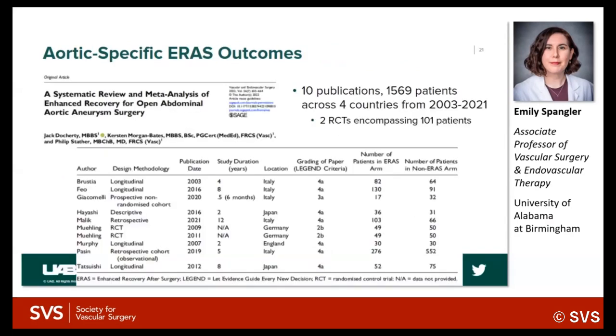For more broad clinical outcomes, in the literature we now have a meta-analysis of results of prior studies which range from descriptive to randomized controlled trials of fast-track and ERAS therapies.